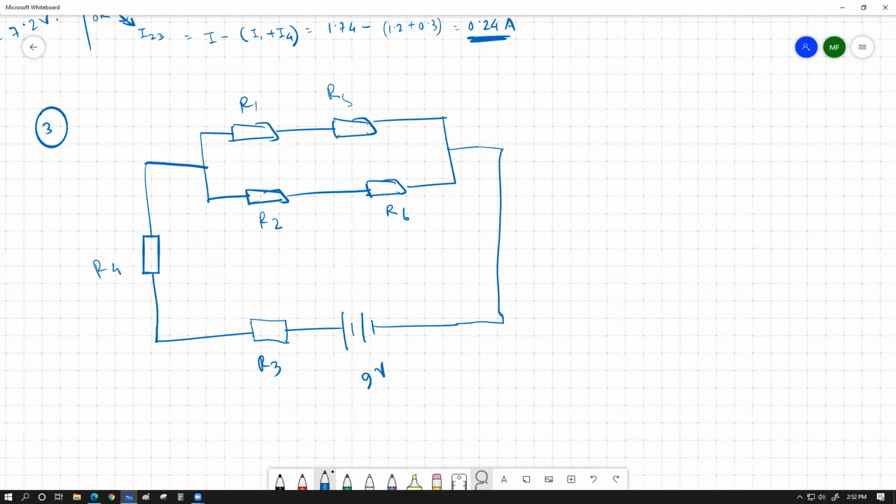Check out this circuit. We have 6 resistors over here, a bit more than earlier, and we have a 9-volt supply, and we are asked to solve this circuit.